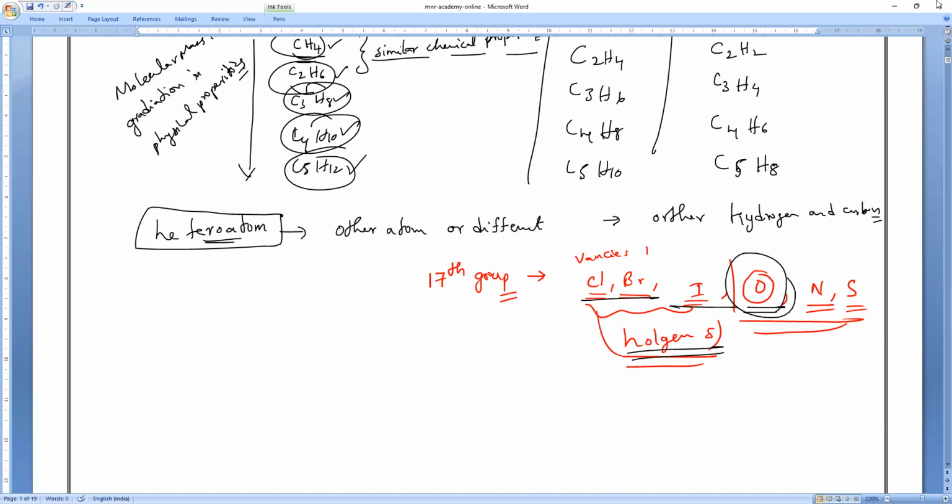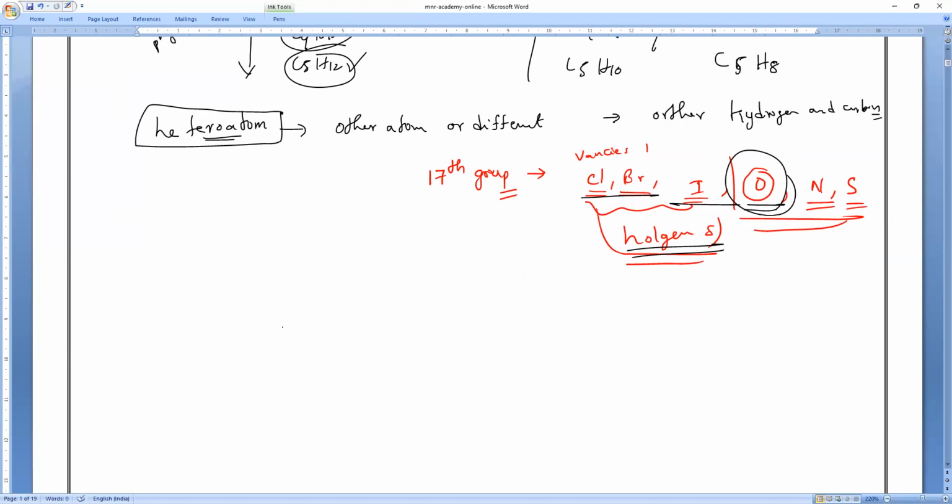That's all. If I replace the hydrogen in a saturated hydrocarbon with an atom or a group of atoms, the resulting compound becomes extremely reactive. That replacement is what we call a functional group.